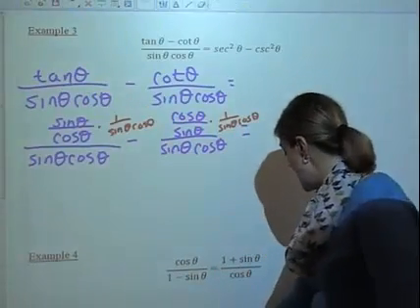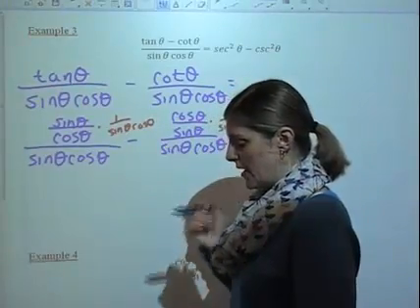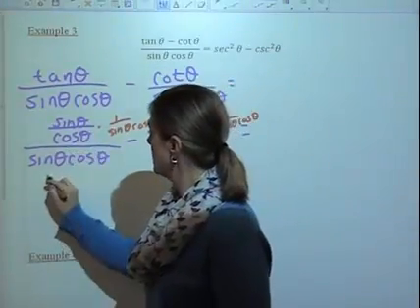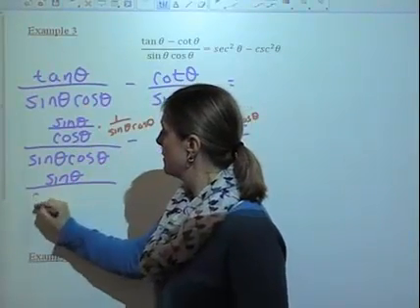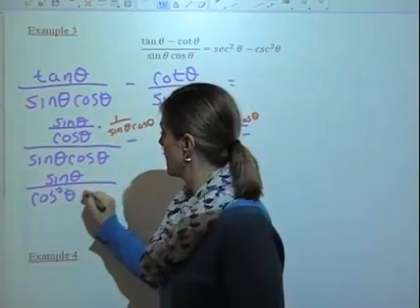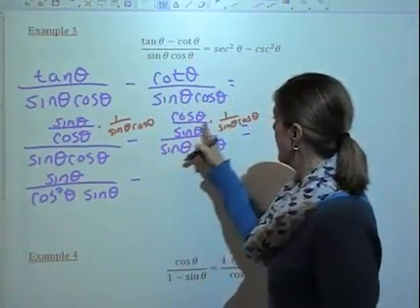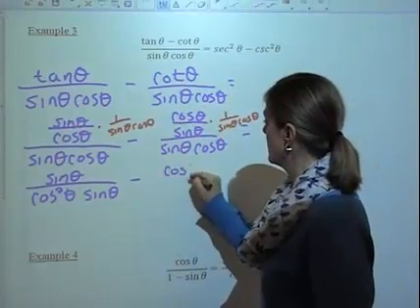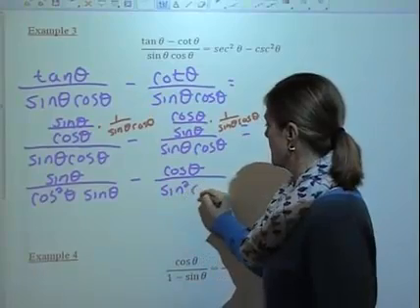So if we do that, we end up with sine over cosine squared, and then sine. And then here we end up with cosine over sine squared cosine.